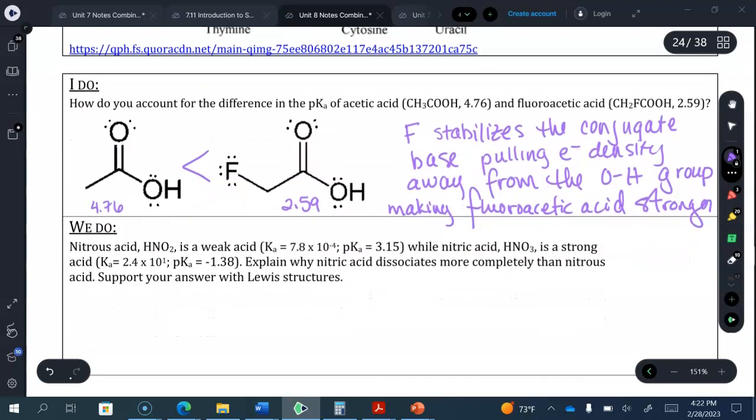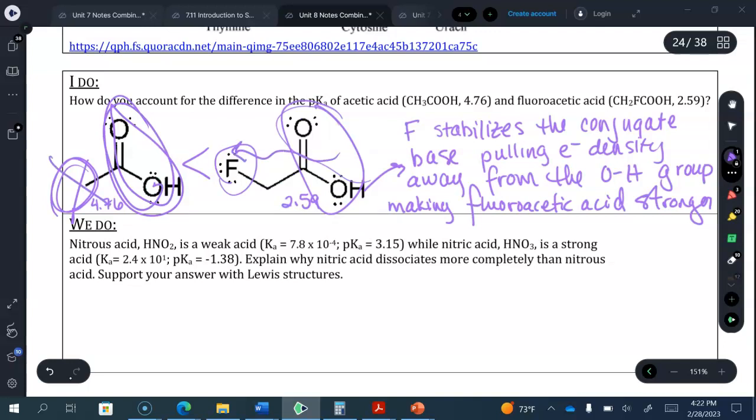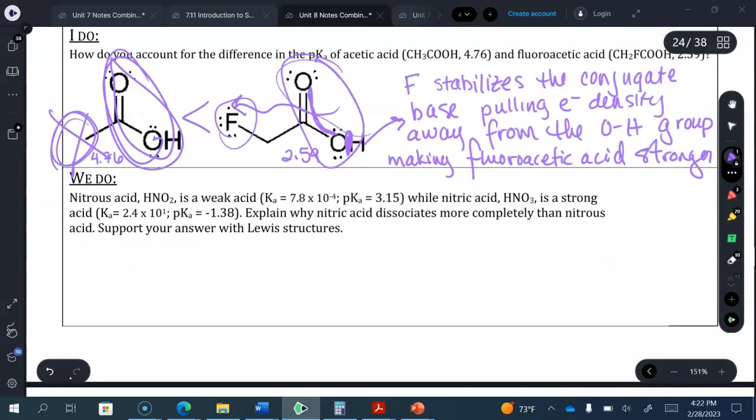Okay, so this is more electronegative. It's going to pull some of the electron density that is left when this hydrogen leaves, right? There isn't a fluorine over here, so it's just distributed amongst these two. However, some of the electrons go this way, which weakens this bond and also stabilizes the resulting negative charge when the hydrogen leaves. Okay.